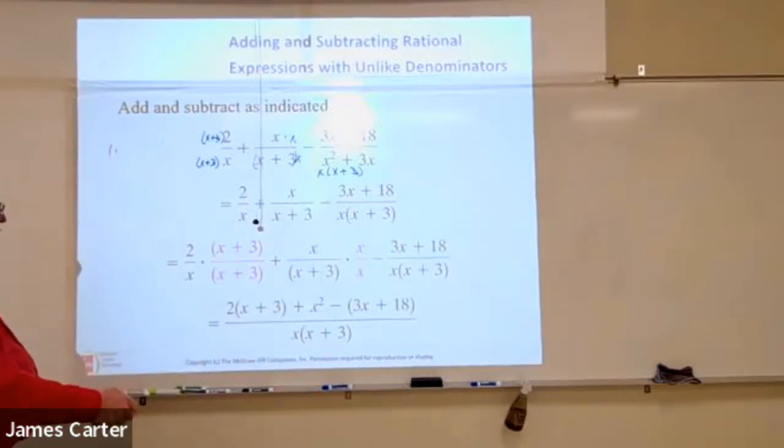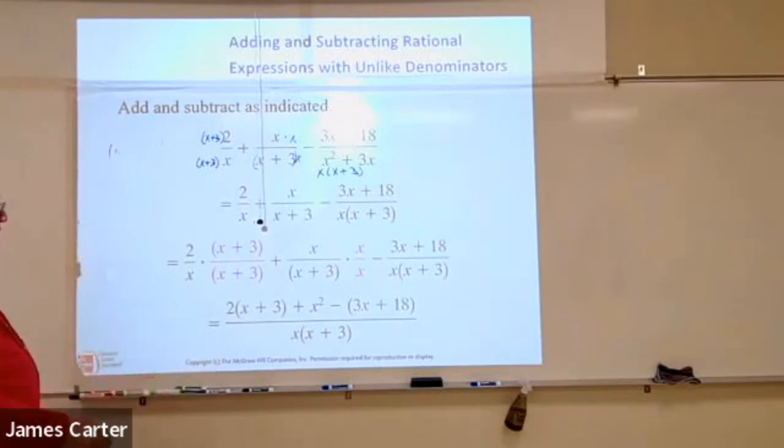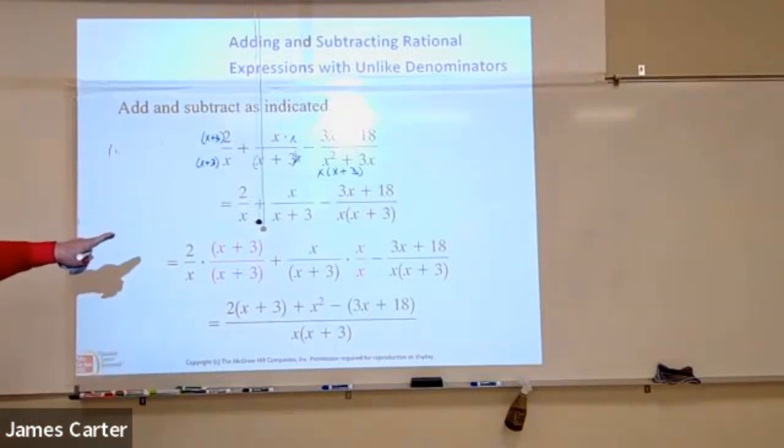Here we have an x squared. Here we have the minus group 3x plus 18. And you really have to be careful to remember to group behind that minus. And then down here we got x plus 3 on everything. Now, any questions before I go on?